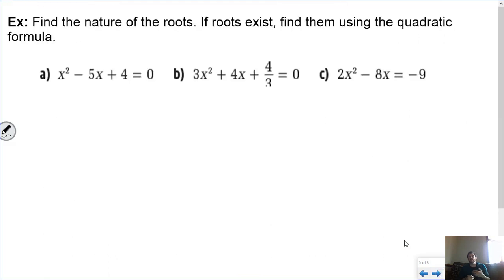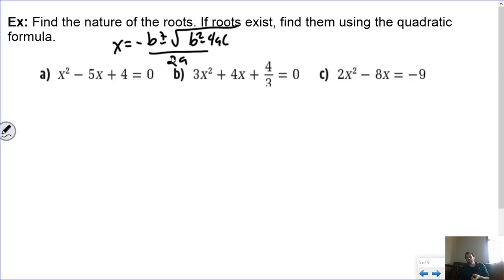So what we can do with these types of questions is now that I know, I can check my discriminant first, then go back and say, okay, well, here's what my answer is going to be, right? So again, the quadratic formula is x is equal to negative b plus or minus the square root of b squared minus 4ac all over 2a. And you might think, well, why am I doing the extra work of checking the discriminant if I can just plug the numbers into my equation and get the answer anyway?